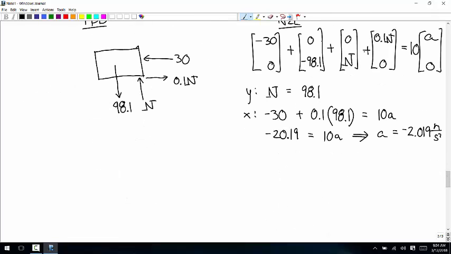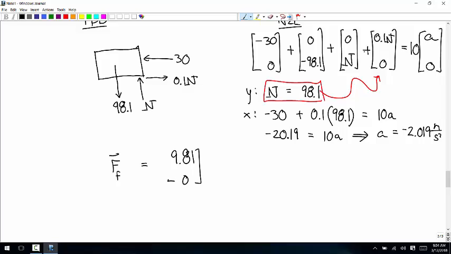What I asked for was the friction force. And the friction force vector you can get from this value of N. Just plug that into the force vector, and you get that the force of friction is 9.81 in the x direction, 0 in the y direction.